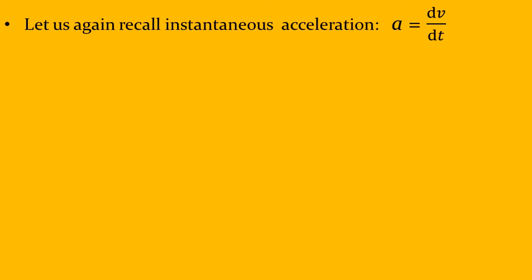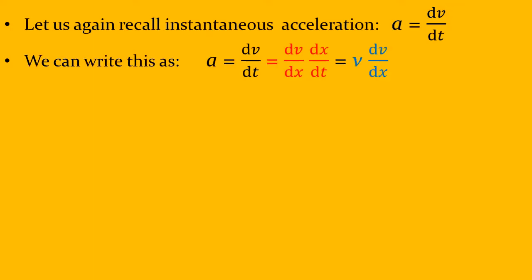Let us again recall the instantaneous acceleration, which is a equal to dv by dt, derivative of v with respect to time t. Now I can write a equal to dv by dx into dx by dt.